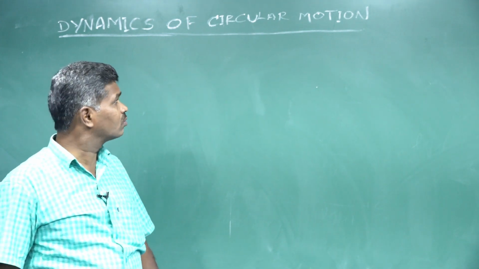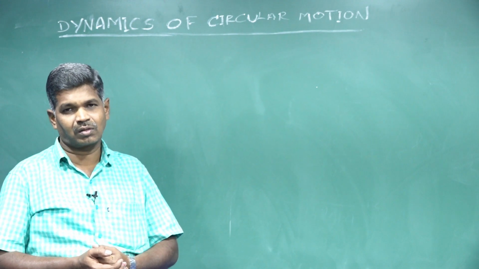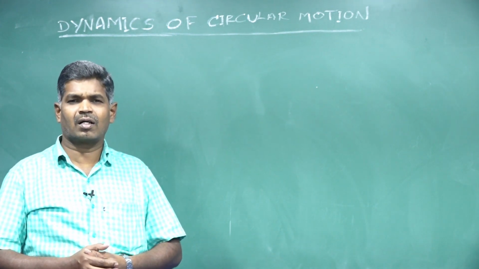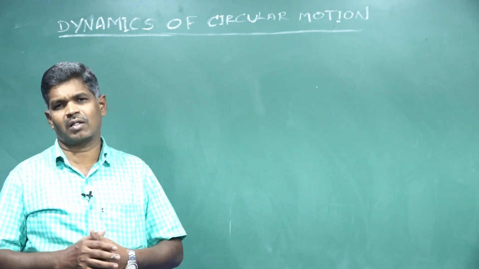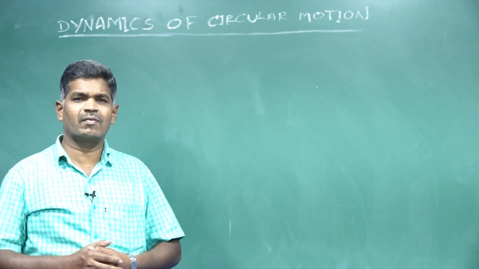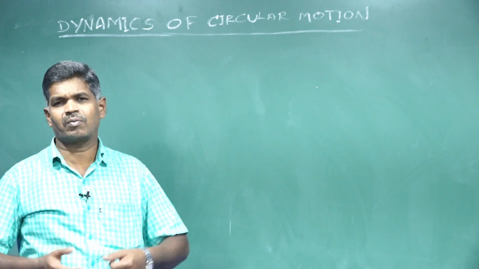Today we are going to see about dynamics of circular motion. In our daily life, we are making motion from one place to another place. As usual, there are two types of motion.